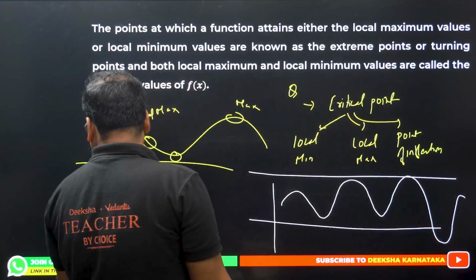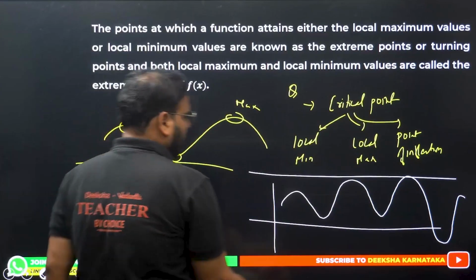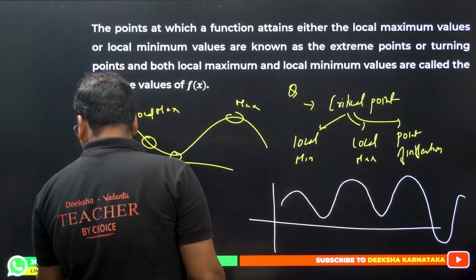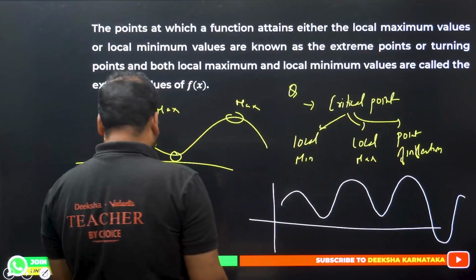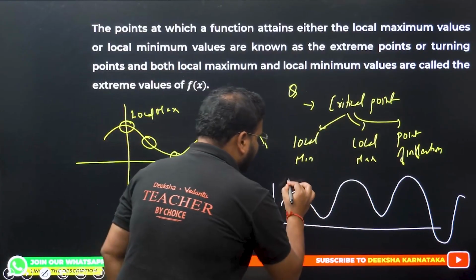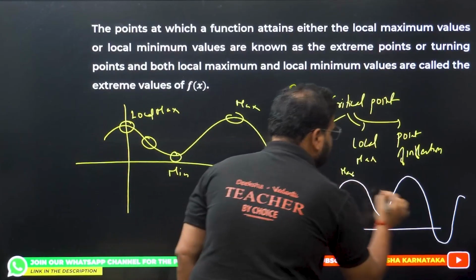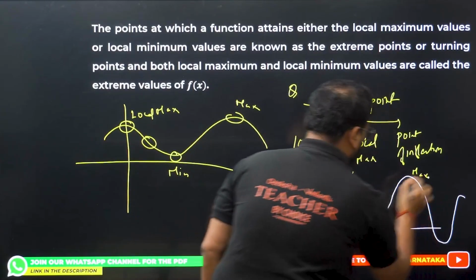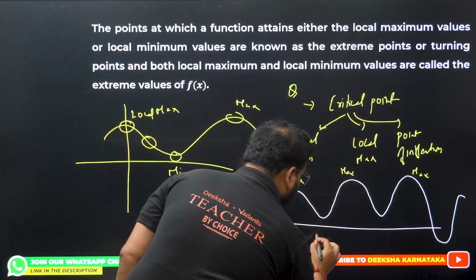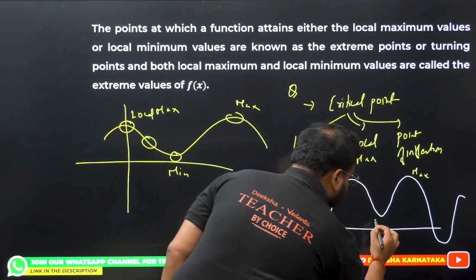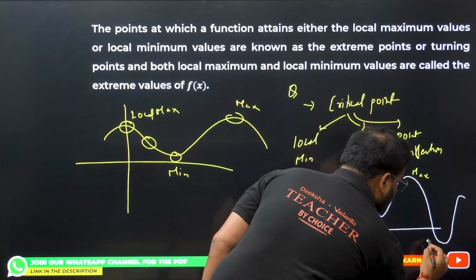Okay, so please check over here clearly. We have a total of 3 local maximas, right? This is max, this is max, this is max, and we have minima also 3. This is min, this also is min, and this also is min.